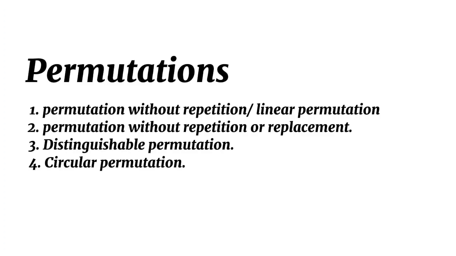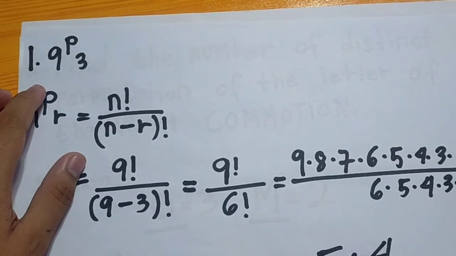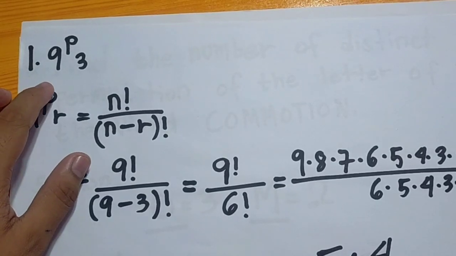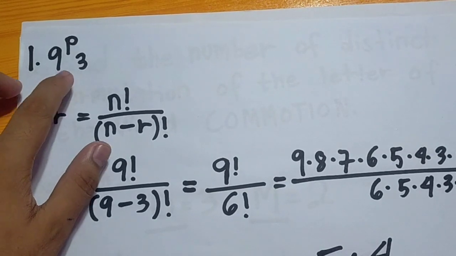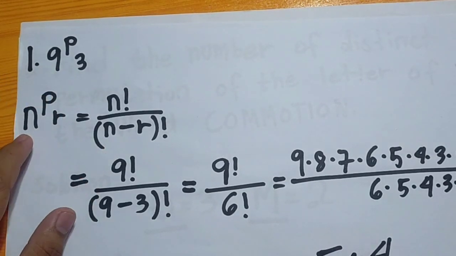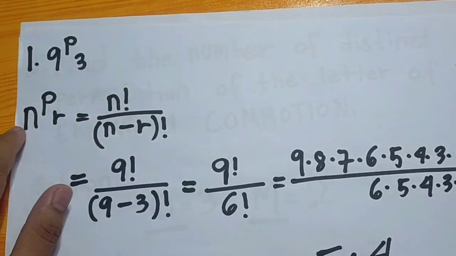So, in permutation without repetition, here is a sample. Here is problem number 1. Permutation of 9 taken 3 at a time. So this is the formula.